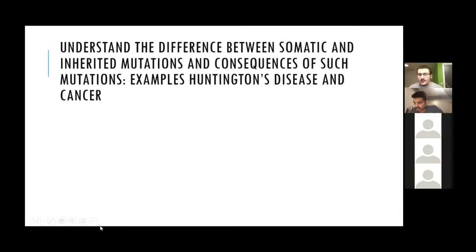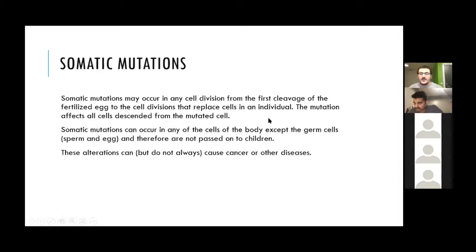Now the final learning objective, talking about inherited and somatic mutations. Somatic mutations can occur from the first cleavage, or the first division of the zygote when the sperm and the egg meet, until the person is an adult. So it's basically open game.